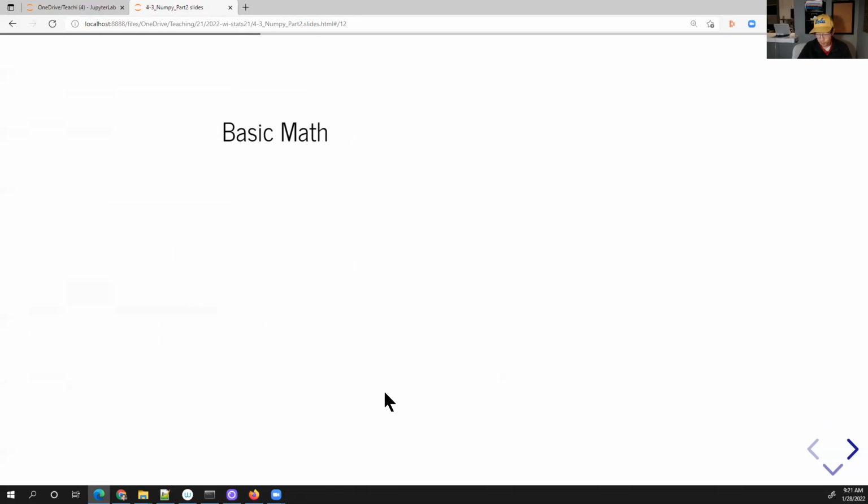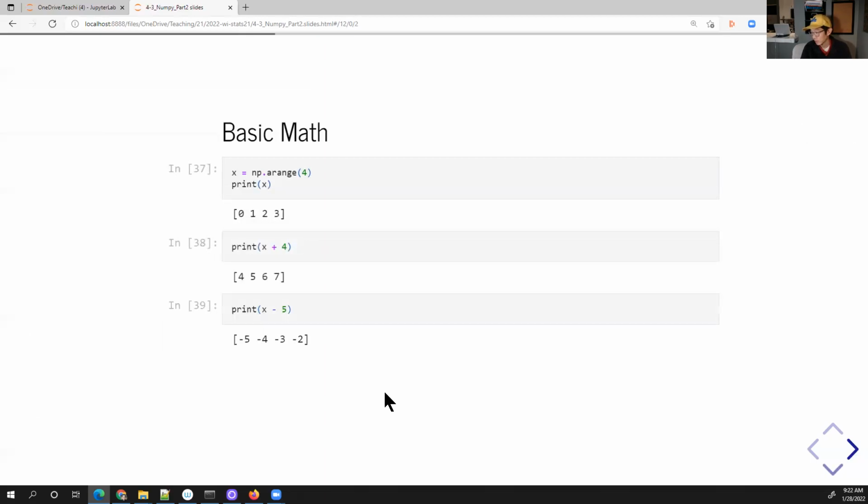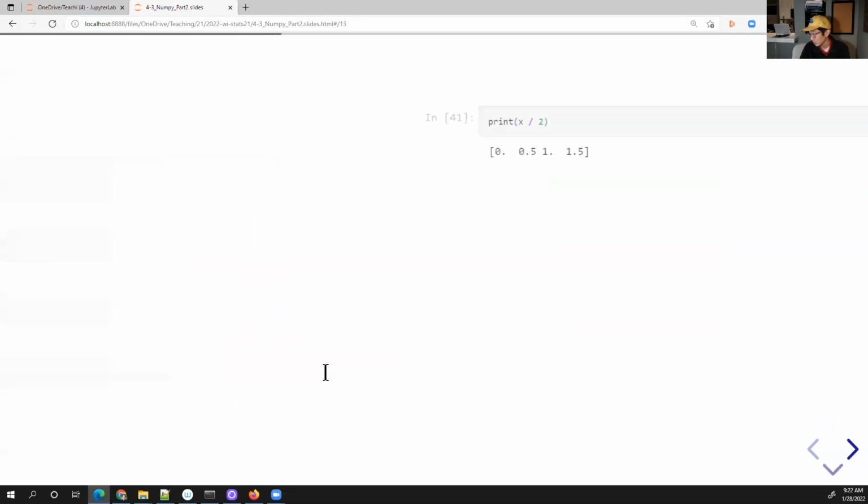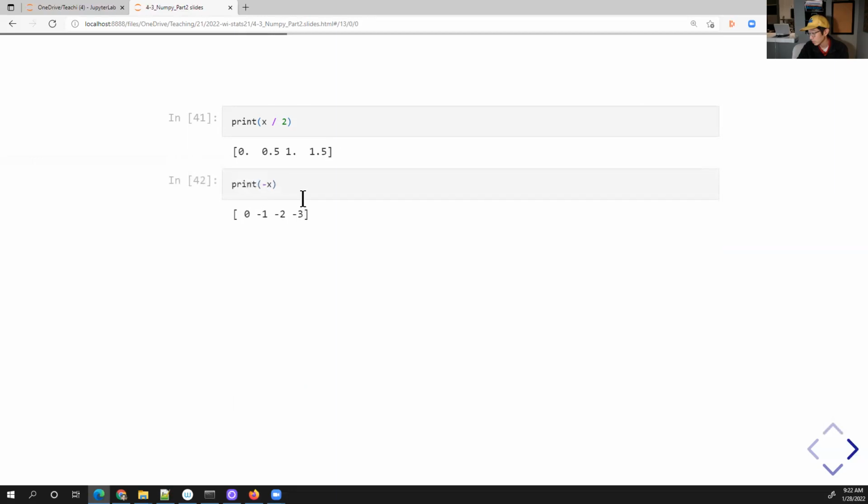All right, let's look at some basic math operations. So again, x is going to be a vector 0, 1, 2, 3. We've done the +4, we've done the -5. Here's multiply by 2. No surprise here. We're just taking all of these things and doing exactly what we would expect. Anytime you do division, you're going to get floats.